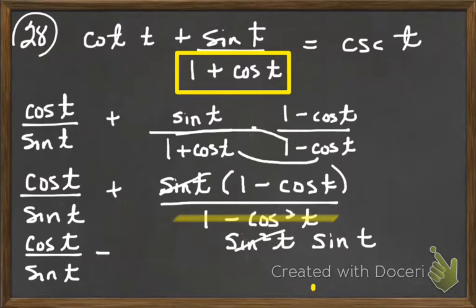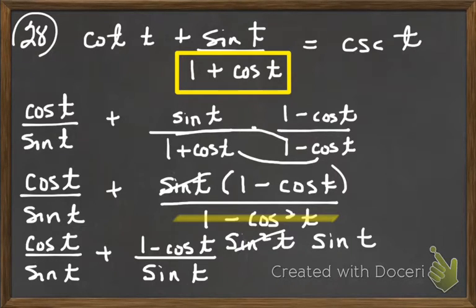And then I'm going to bring this down and show you what we have. We have 1 minus cosine in our numerator. In our denominator, we have sine. This is the hardest one that we've done so far, in my opinion. So the sine in the top cancels with the sine squared in the bottom, and then you had 1 minus cosine over sine.